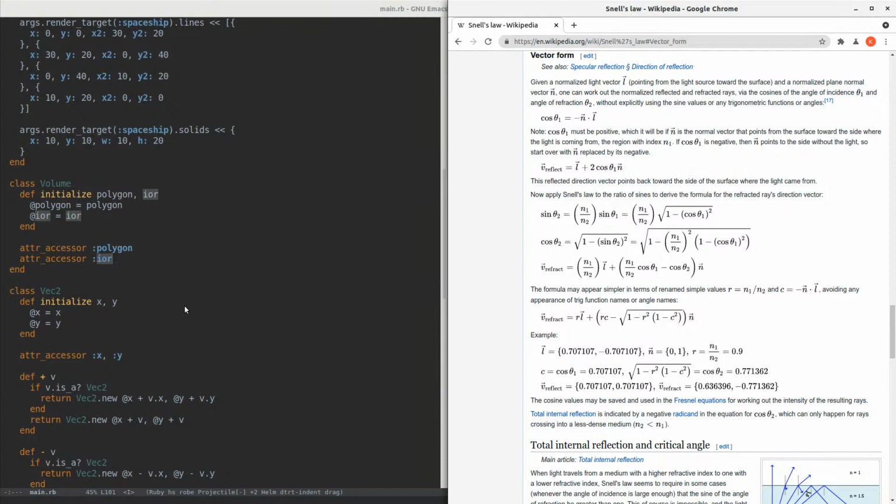The very first thing we're going to do is compute the normals of our lines. Normals can be computed very simply.